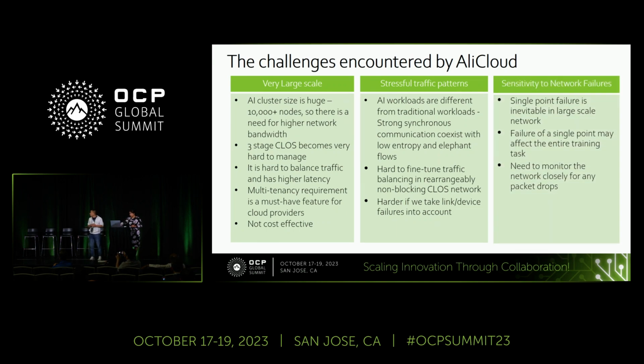The last one is failure sensitivity. Collective communication is more sensitive to link failures. One link failure may cause the entire training task to fall back to the checkpoint. That's why single point of failure problems must be dealt with in AI training workloads. Yeah, and this is my part.